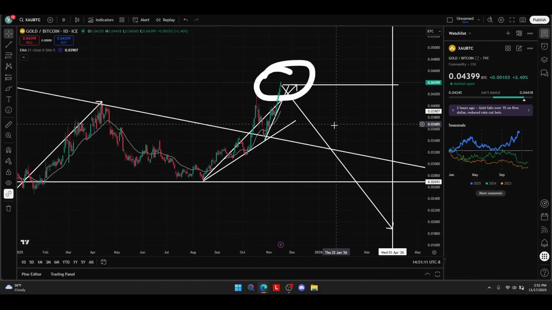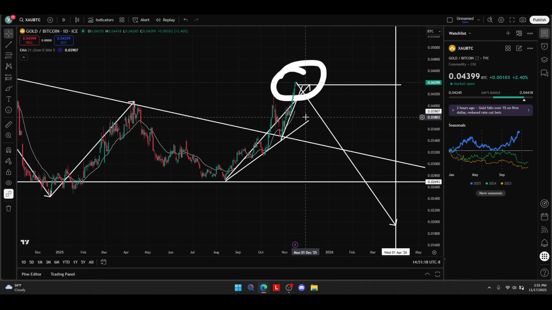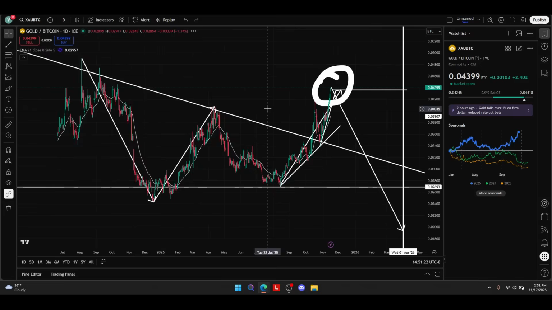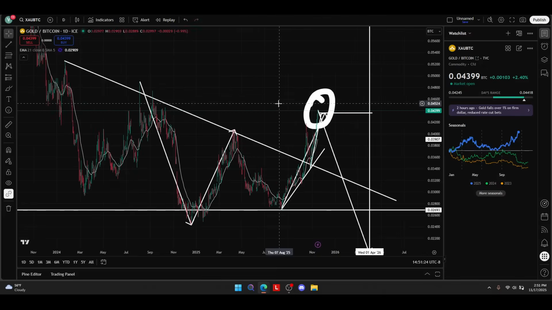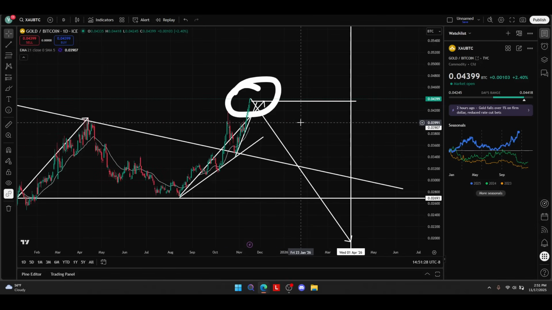So that can lead to a potential reversal in Bitcoin, right? Or potential rotation from gold into Bitcoin. Maybe it won't exactly work out that way, but overall, it's coming to an end as of right now. It looks like Bitcoin will start outperforming gold very soon. I'm not saying it's guaranteed, but it looks like it is, right?